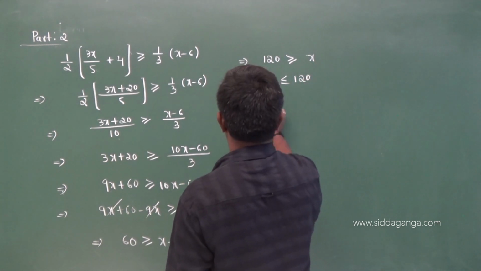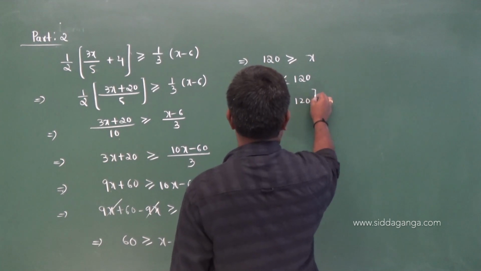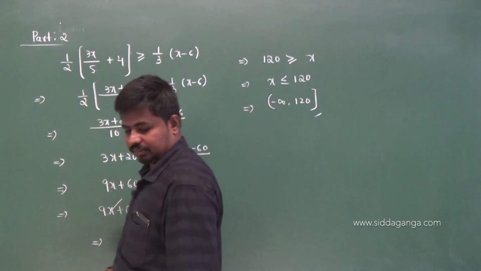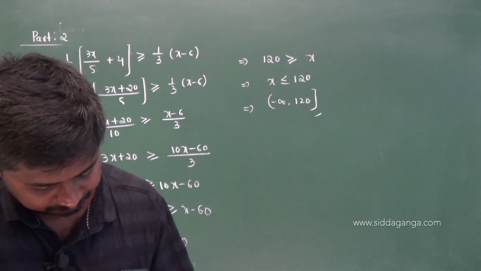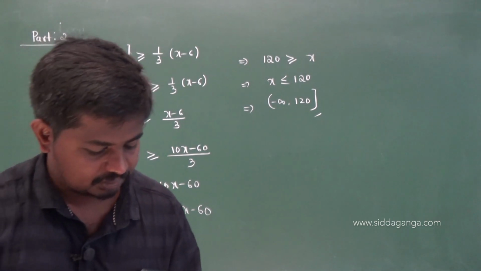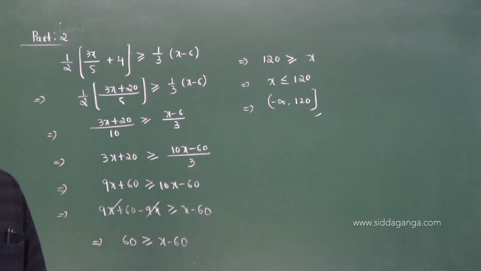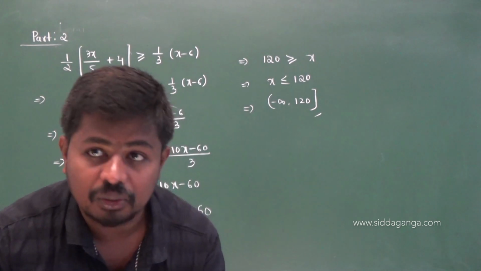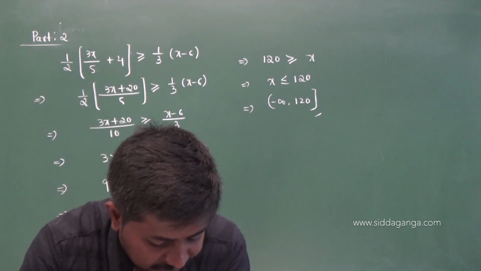So your solution is minus infinity to 120, a semi-closed interval at 120. This is how we solve linear inequalities in one variable.